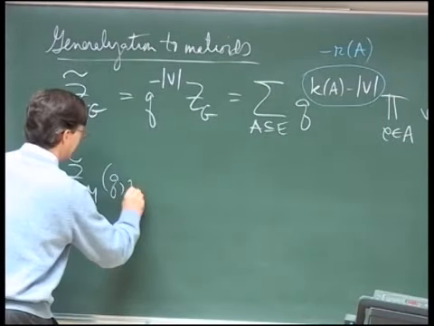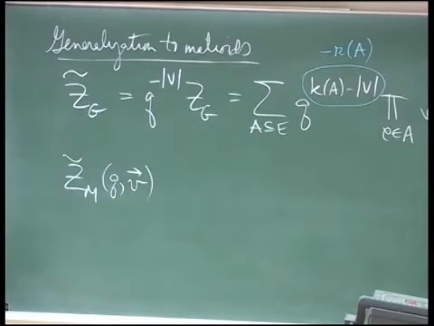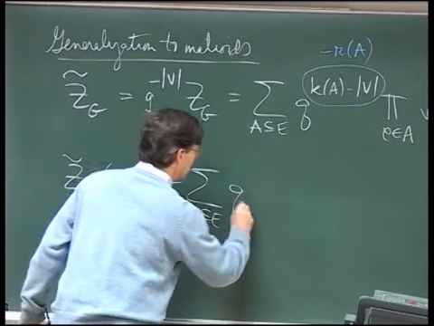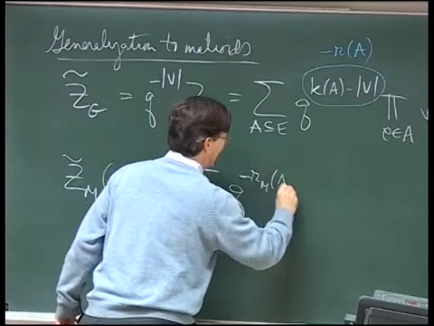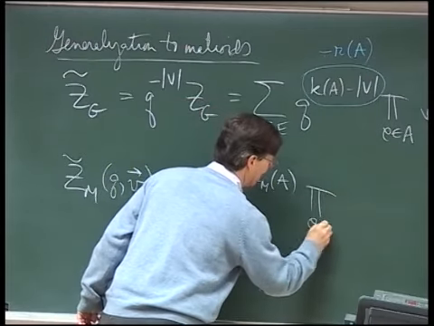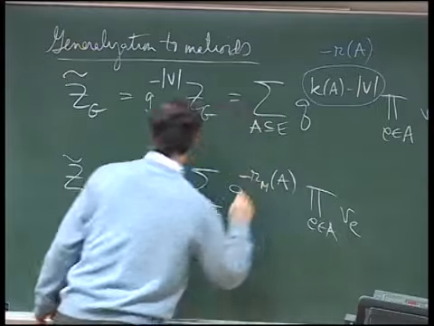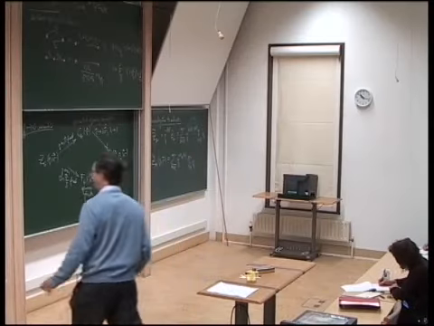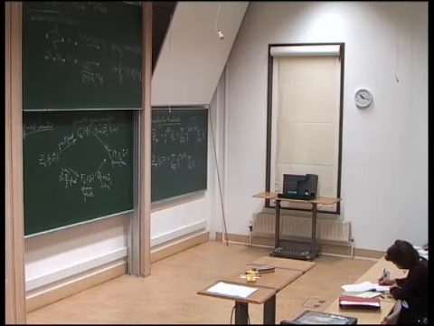I will define its multivariate Tutte polynomial Z_M tilde to be the sum of q to the minus rank in M of the set A, and then the monomial. So the multivariate Tutte polynomial is very naturally defined for matroids. Duality looks nicer for matroids than for graphs.